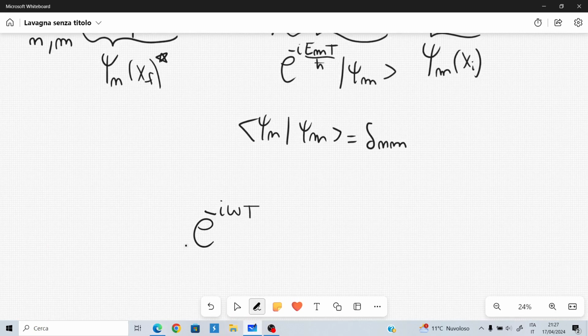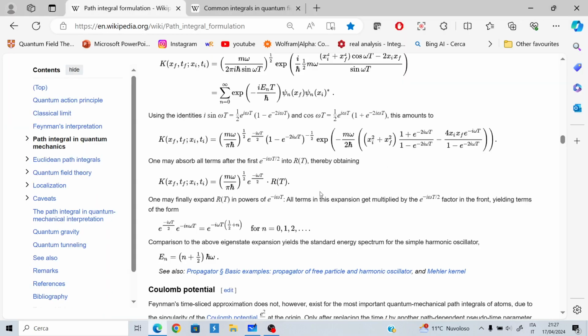So when we raise this to a certain power n, we have the integer n that appears here, and you are summing some coefficients c sub n over n, and you have such terms. And all those terms multiply this term here, e to the minus i omega t over 2.